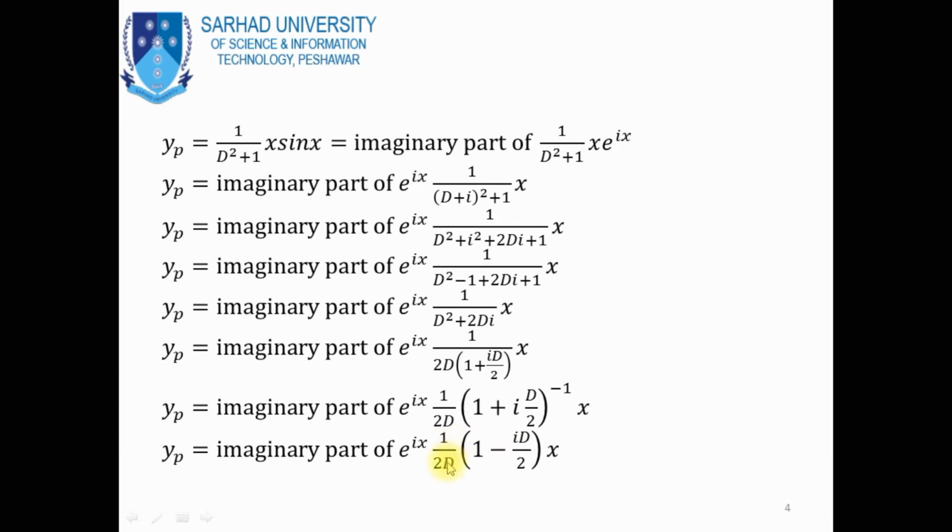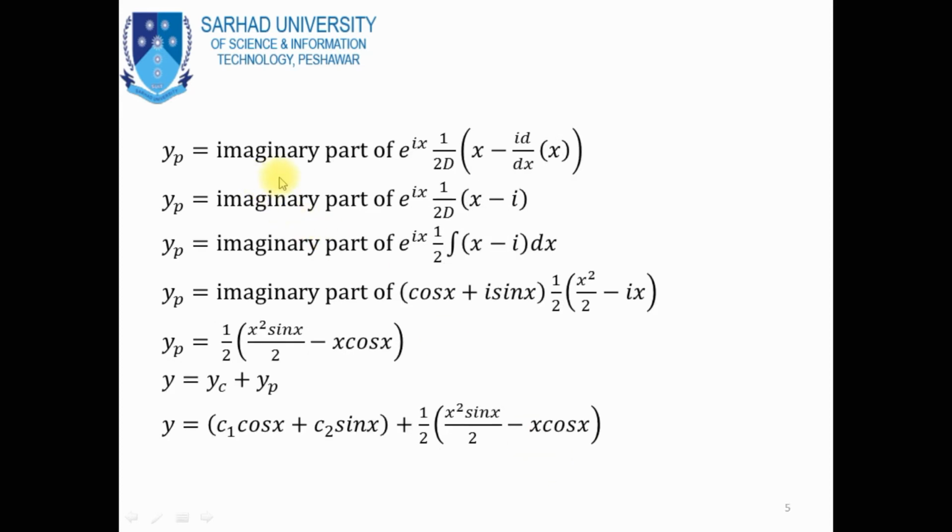Now 1 over 2D into (1 - iD/2) into x. Now multiply x with 1, and the derivative of x is 1. So the imaginary part of e^(ix) 1 over 2D into (1 - iD/2) x can be written as the imaginary part of e^(ix) 1 over 2D into (x - i), since the derivative of x is 1.